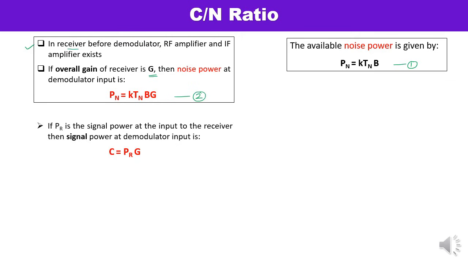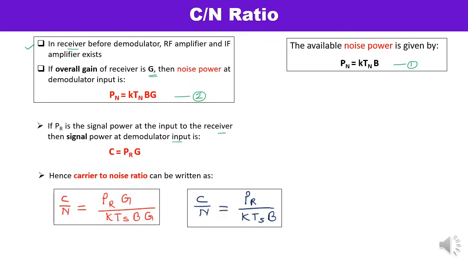If PR is the signal power at the input to the receiver, then the signal power at the demodulator input will be what? Carrier power is PR into G. So from here you can write down the carrier to noise ratio, meaning divide equation number 3 by 2.